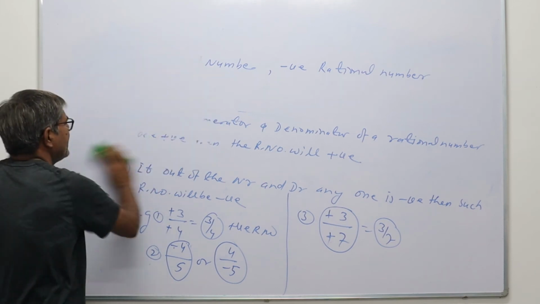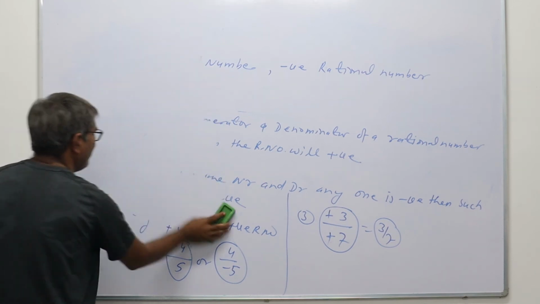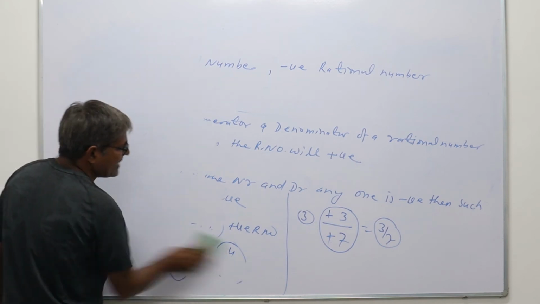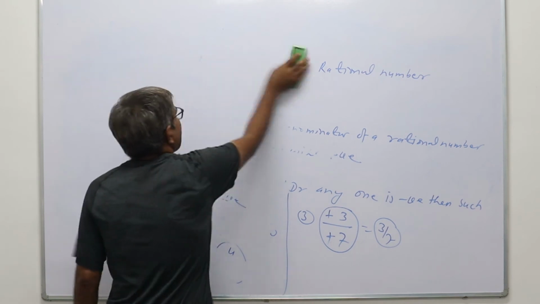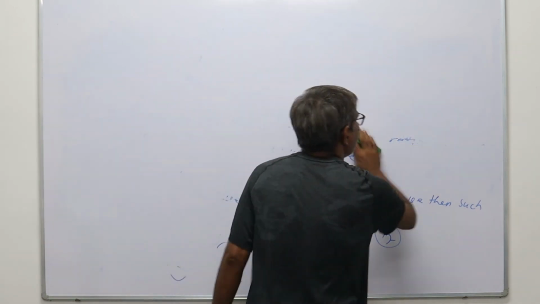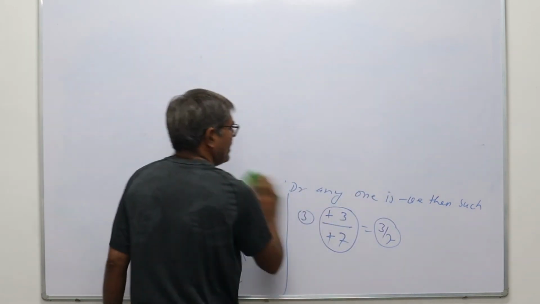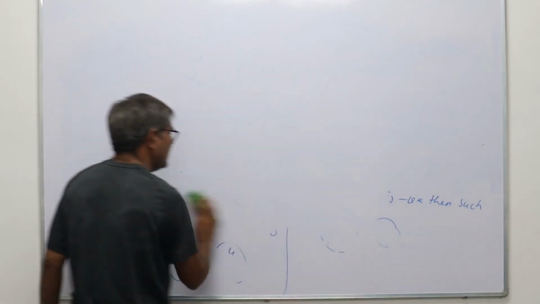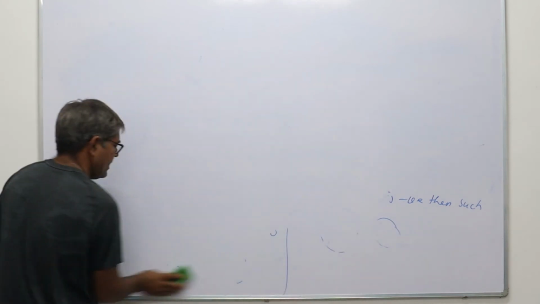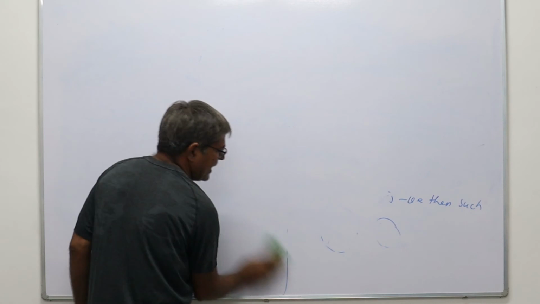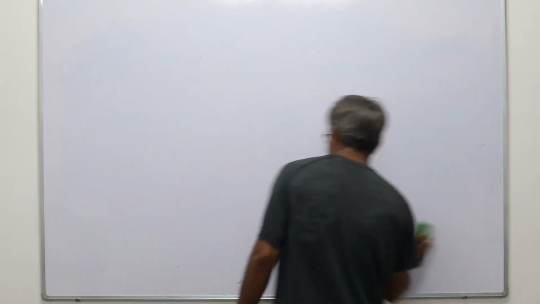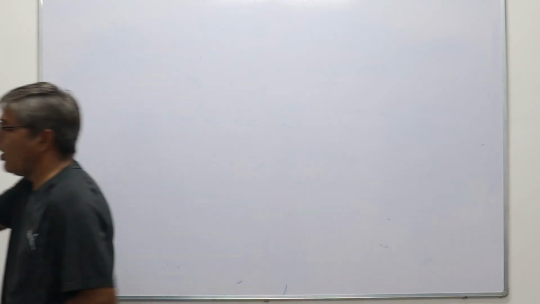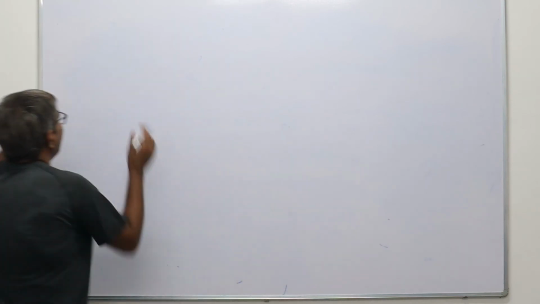Fourth one is the standard form or the simplest form or the lowest form of a rational number. This is a very important topic. Three words I used here: first is standard form, simplest form or lowest form.